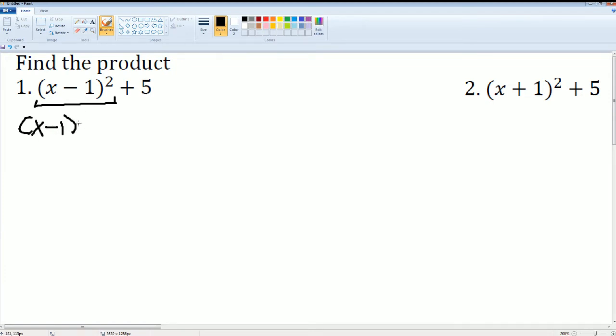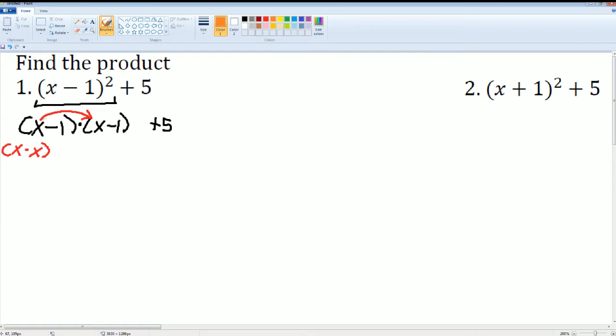x minus 1 times x minus 1. That's how it looks expanded. Then we add the 5, which just comes from up here. So this looks like two binomials that we just multiply, so we're going to FOIL. Here's the first: x times x.